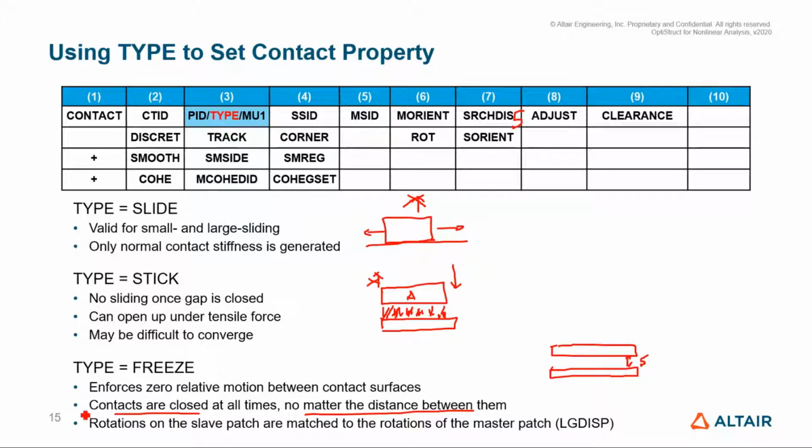So if your contact is freeze, because your search distance is 5 mm, it will search between the slave and master surface, and see that okay, this gap is 5 mm, I can establish contact. So it will establish contact even though there's an actual gap. So it will be closed at all times, no matter what the distance between them, because it's governed by this search distance here.